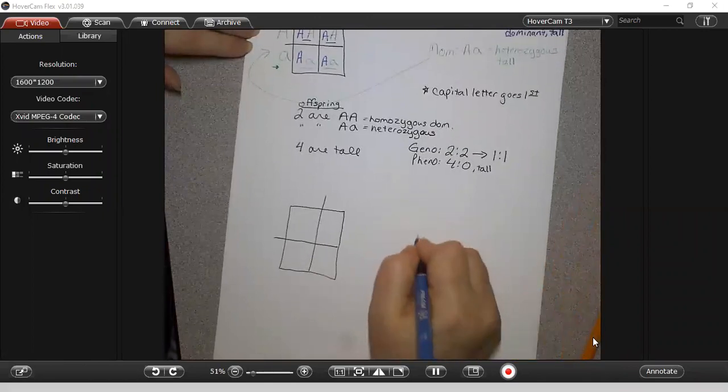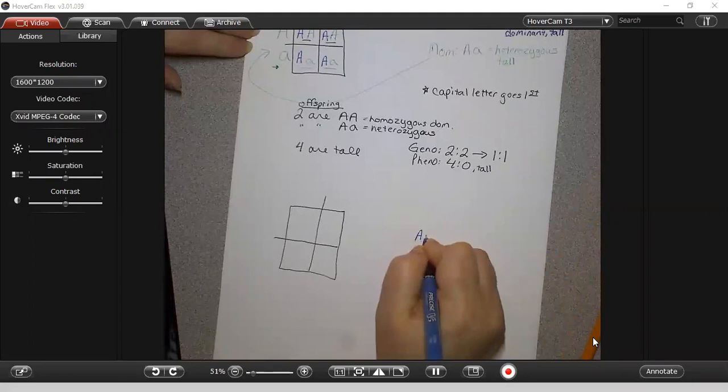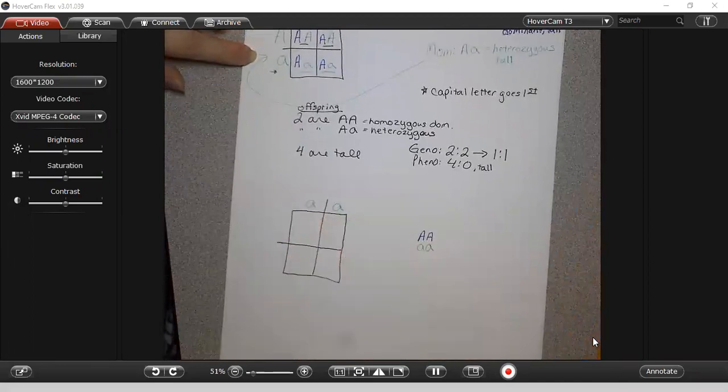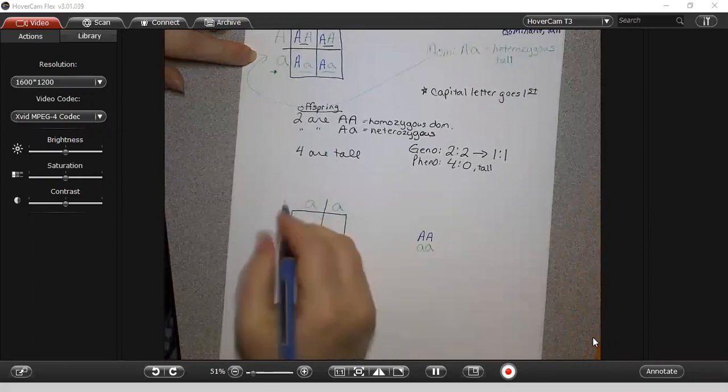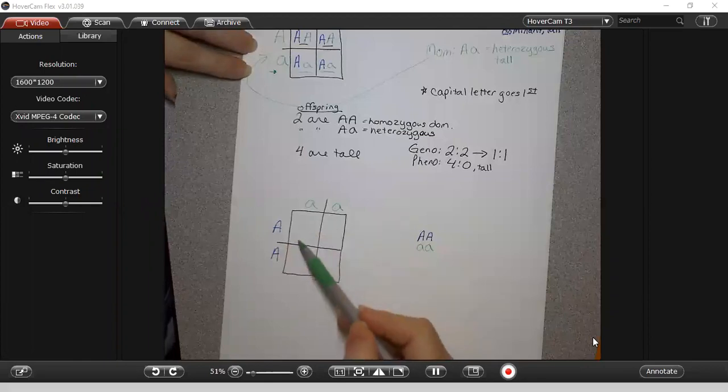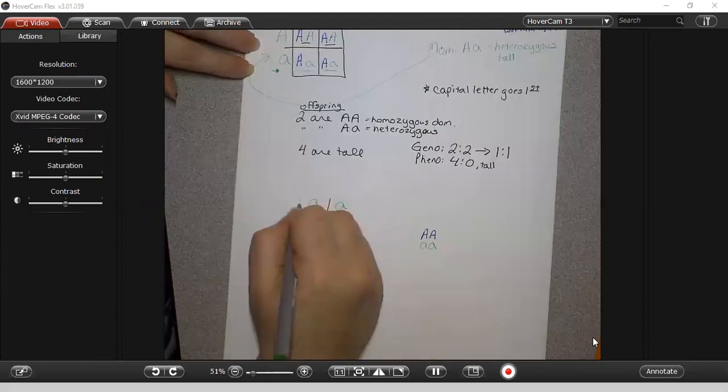Let's try another one down here. Let's go with one parent being capital A's and one parent being lowercase a's. And to throw you off a little bit, I'm going to put my lowercase a's on top, my capital A's on the side, just to prove they don't have to go in either location. You can put them either way. I'm going to go down first.